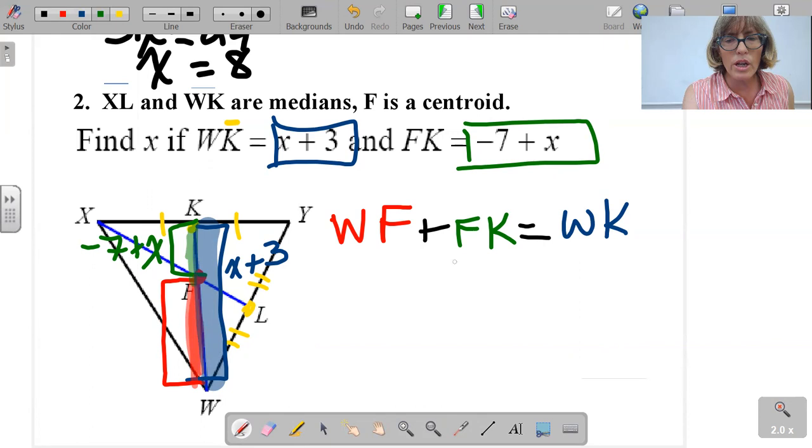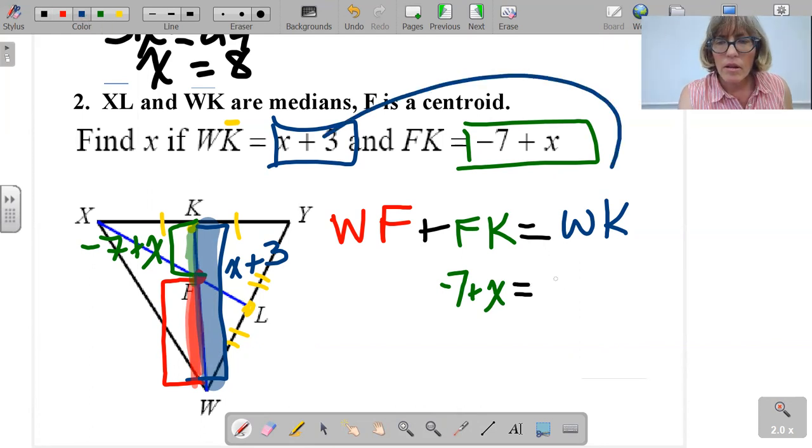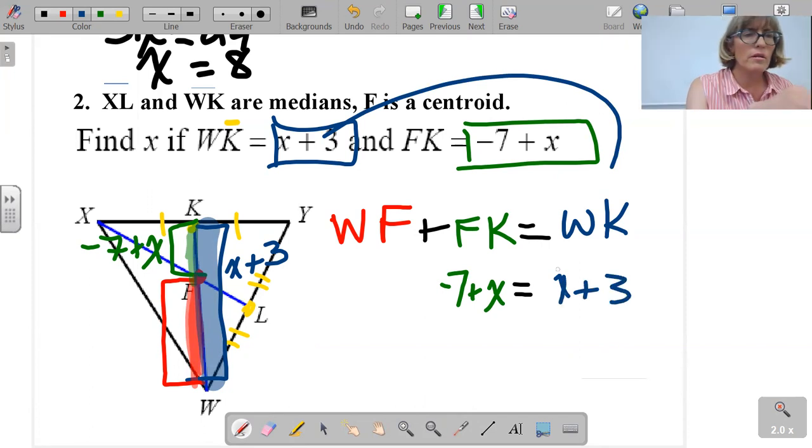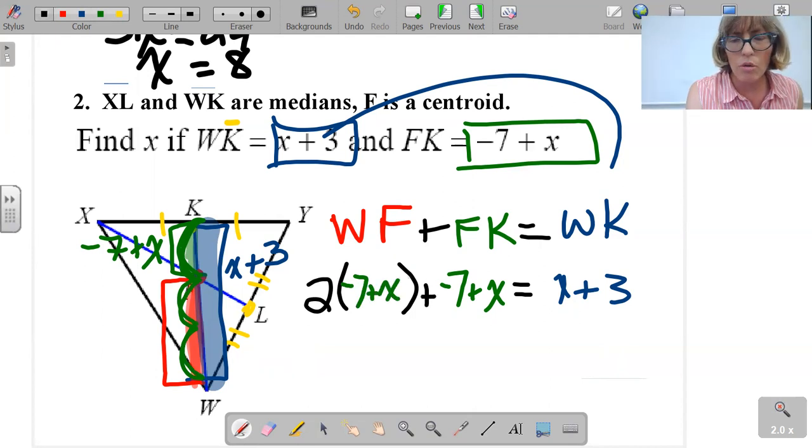Let's do our thing equation. F to K we already have is negative 7 plus X. WK is X plus 3. This is 2 times K to F. So WF is simply twice as much as negative 7 plus X. There you go. Now we can solve.